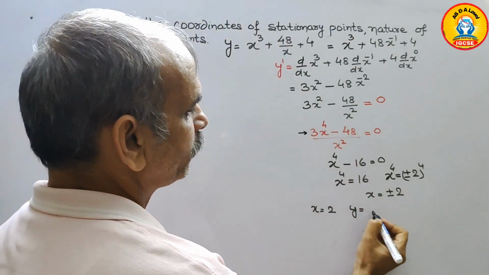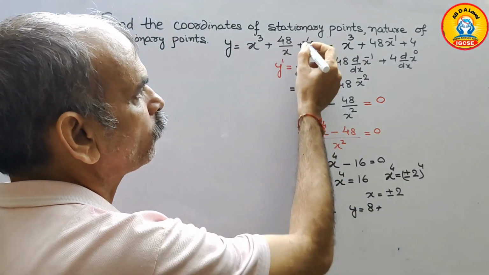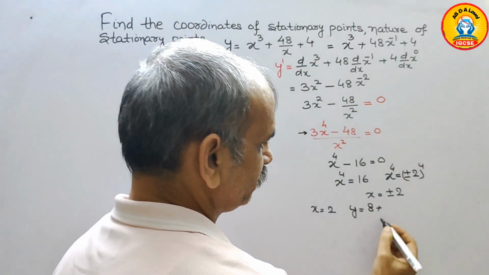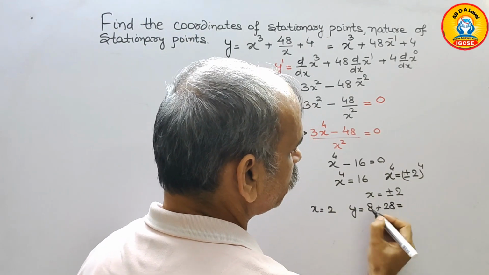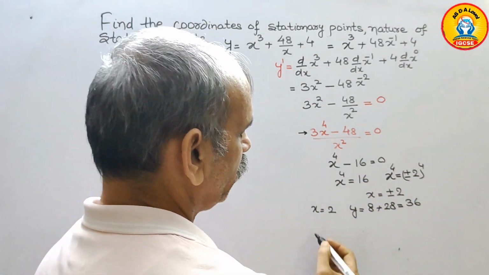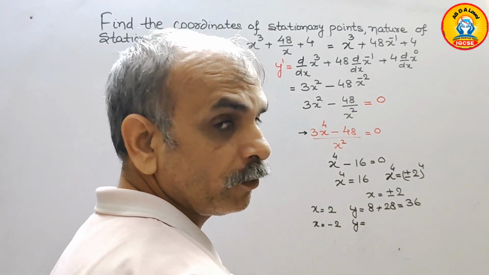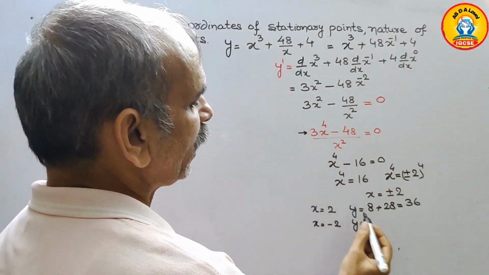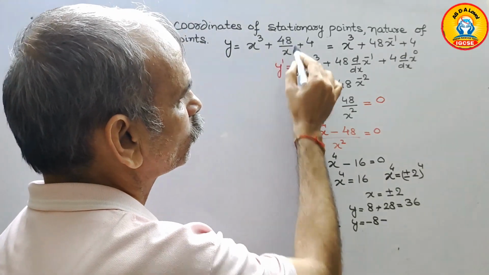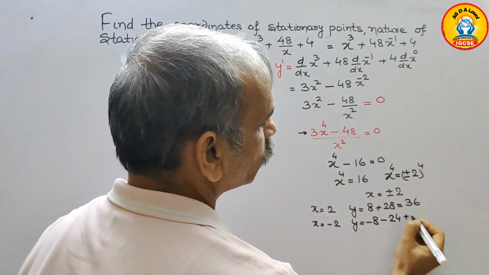So this will be 8 plus, and x is 2, so 48 divided by 2 is 24. 24 plus 4 is 28. 8 plus 28 is 36. So y is 36. If you take x is equal to minus 2, x cube gives minus 8, and 48 by minus 2 gives minus 24, plus 4.